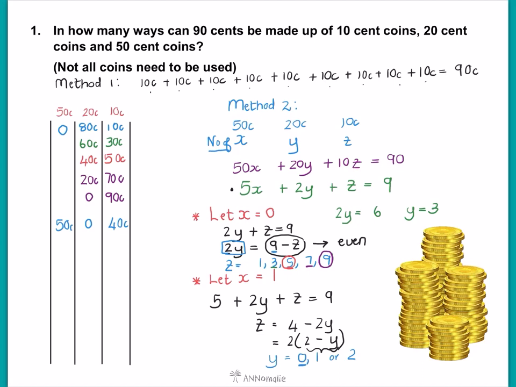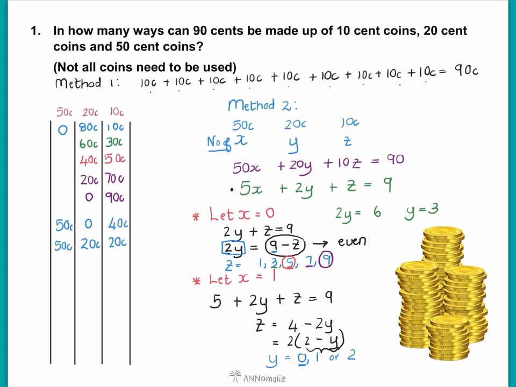Let's make y 1. If y is 1, I get 2 minus 1, which is 1. And that means I've got 2 z's. That's 2 10-cent coins, which is 20 cents, one 20-cent coin for y is 1, and then the 50 cents, resulting in 90.